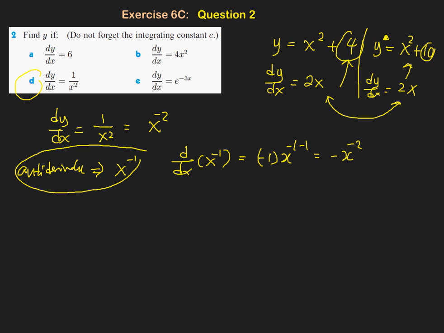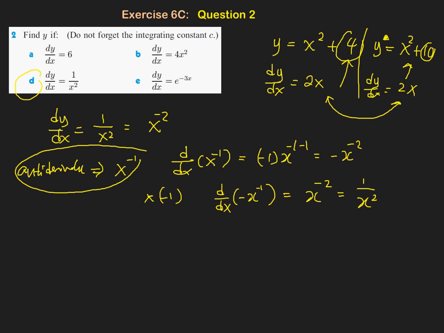We want to get x to the power negative 2, so multiply by negative 1 across. Now we can multiply negative 1 into this expression, we get negative x to the power negative 1. And then your right hand side now becomes this, no more negative. And this is exactly the expression that was given to you.